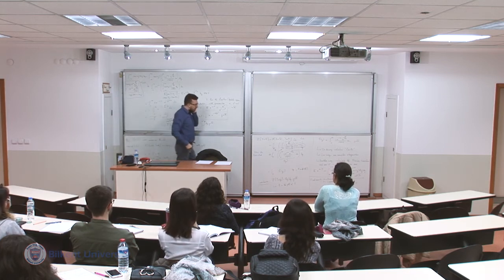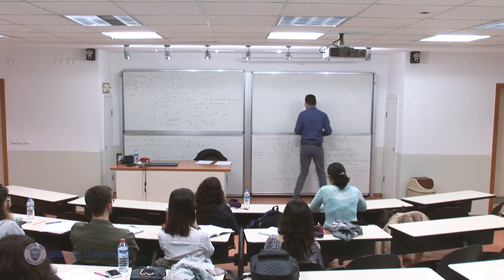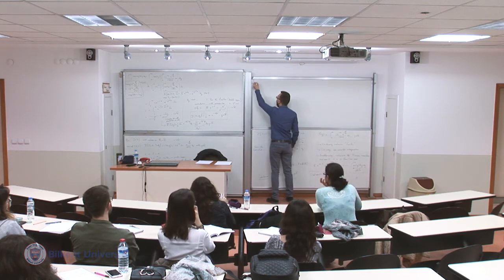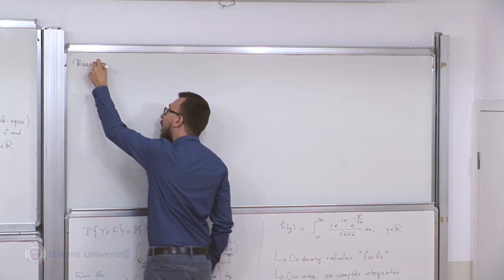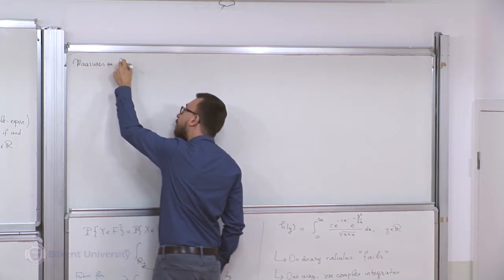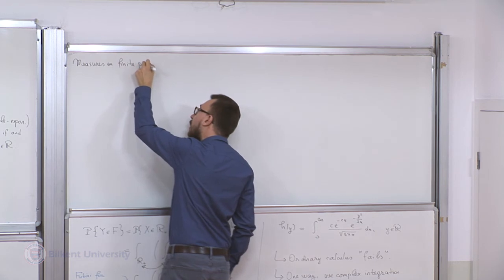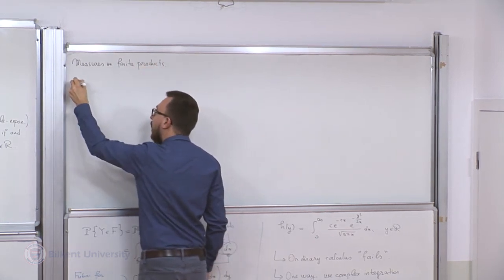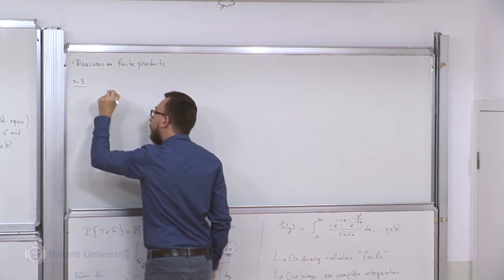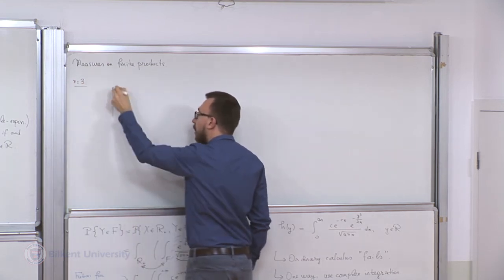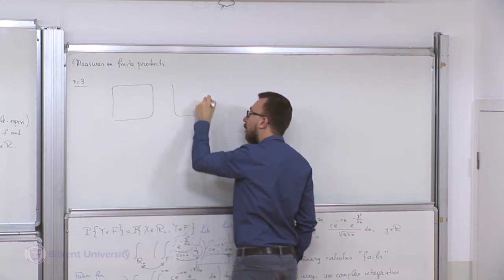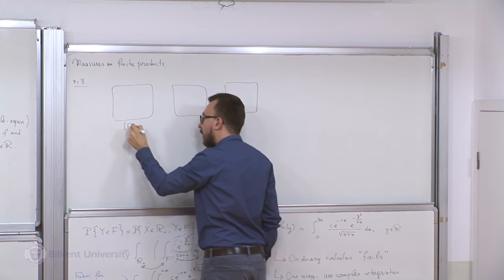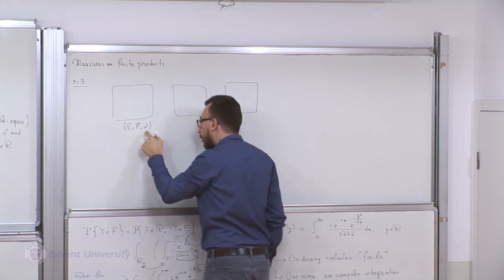So when you have multiple spaces, maybe 3 spaces, so let's say measures on finite products. For instance, let's look at 3 spaces, okay? You have E here with some measure nu.